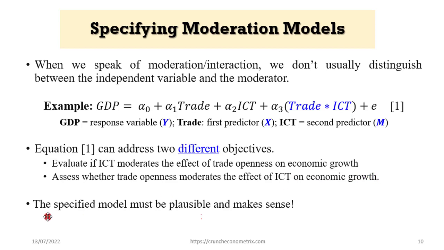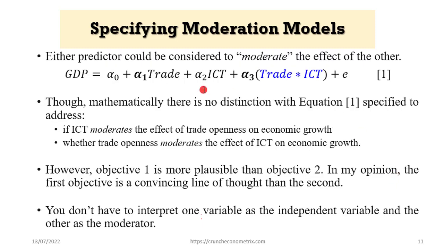Make sure that the specified model is plausible and makes sense. So between these two objectives, only the first makes economic sense. Evaluating if ICT moderates the effect of trade openness on growth makes more sense than assessing whether trade openness moderates the effect of ICT on economic growth. This is my personal opinion anyway.